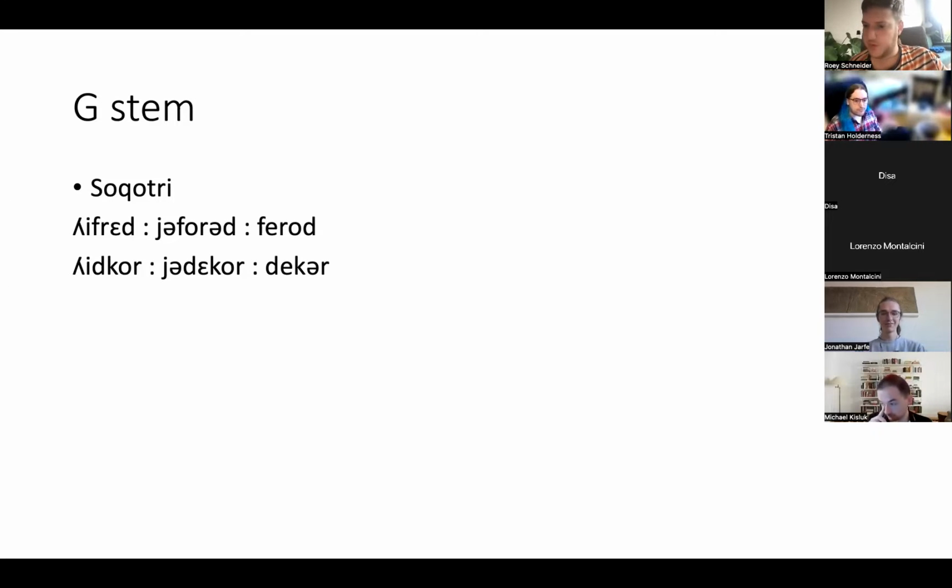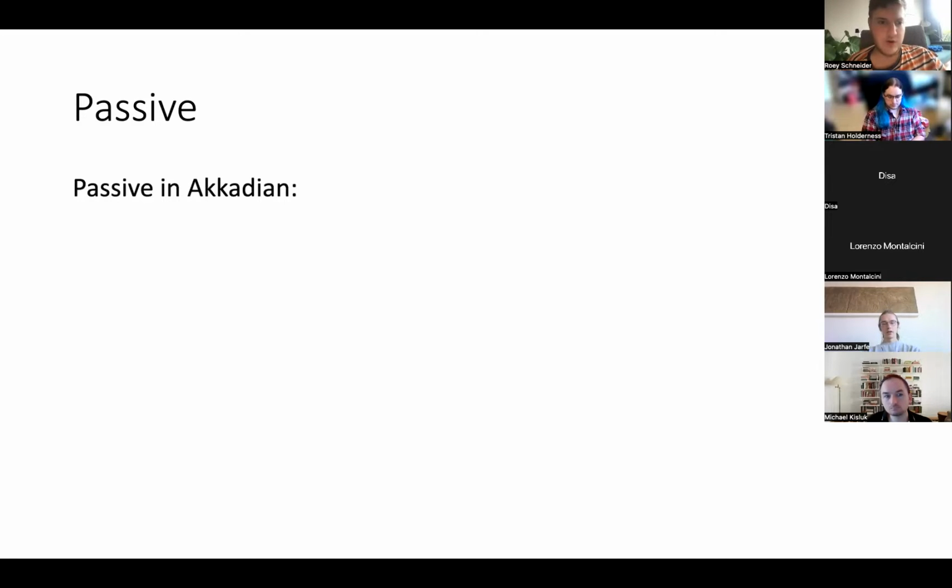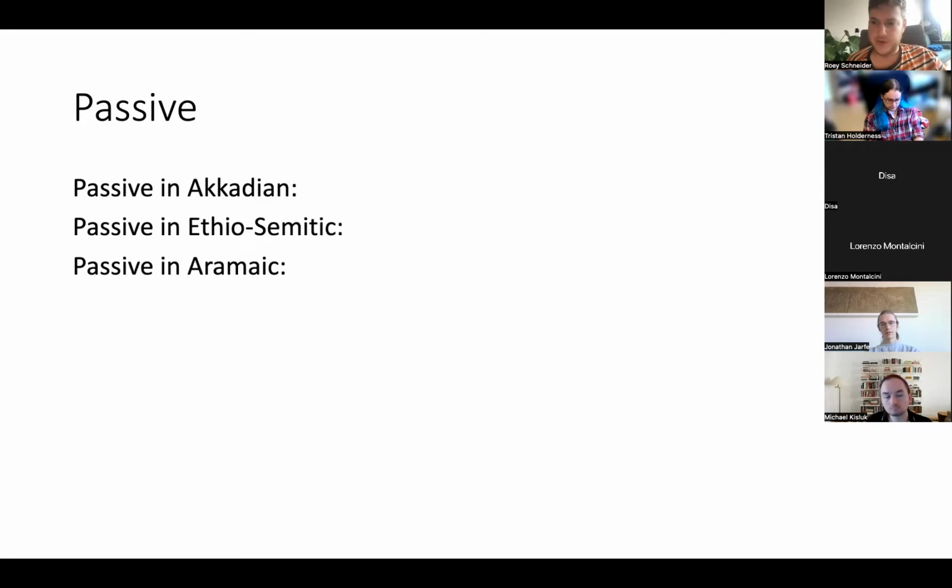Okay. So the next thing we're going to talk about, and the last thing for today, is the passive structures. So does anyone want to guess how a passive verb is made in Akkadian or Ethio-Semitic or Aramaic?